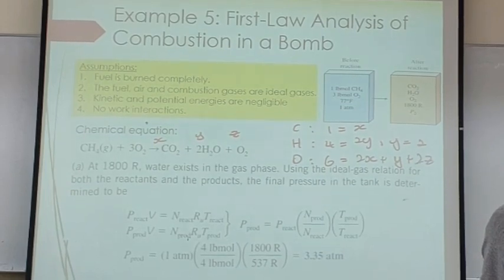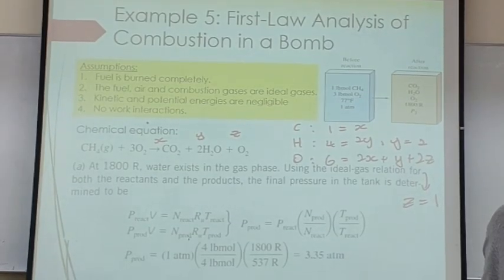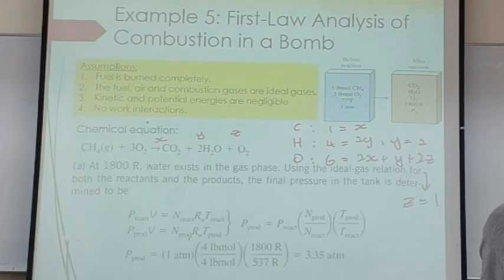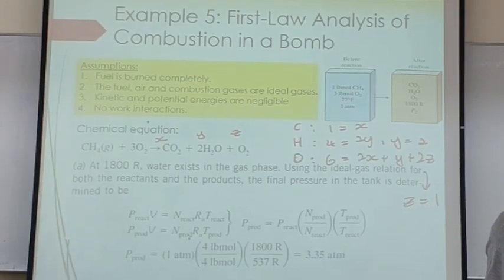Balance this and you get Z equals 1. That's how you get all the values on the right. Again, in this case we don't need to start with the stoichiometric equation because the left-hand side is given. The amount of oxygen is given to you, so you don't need to find what happens in the ideal case.